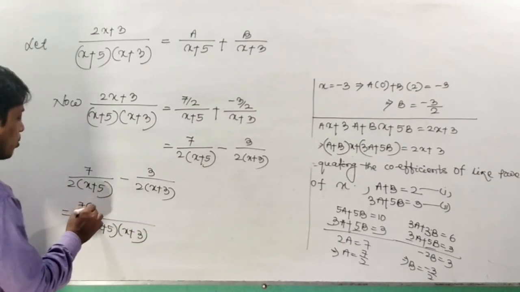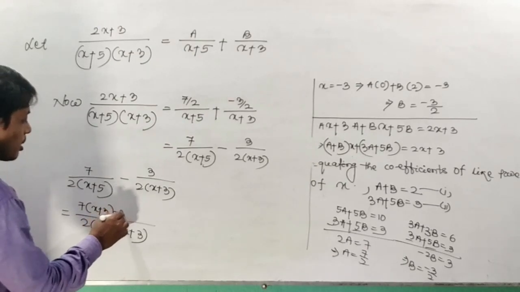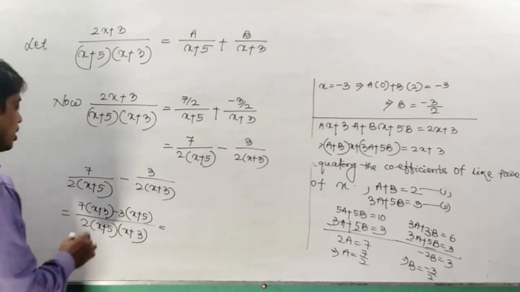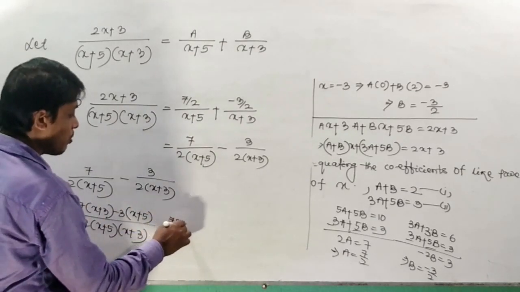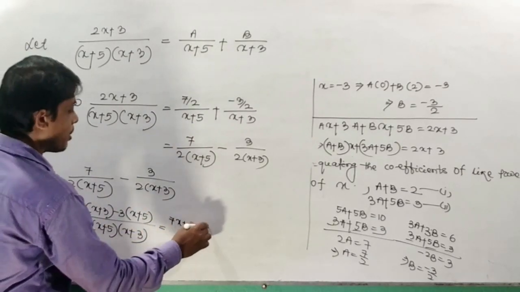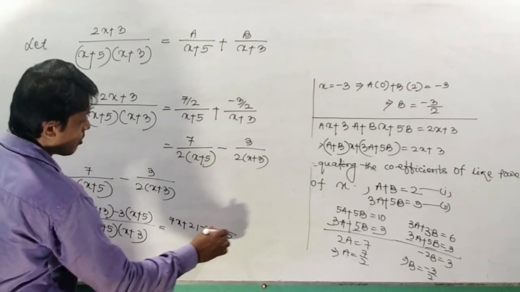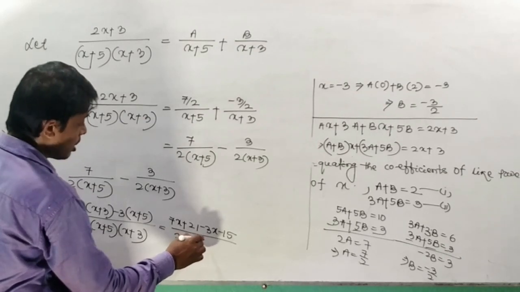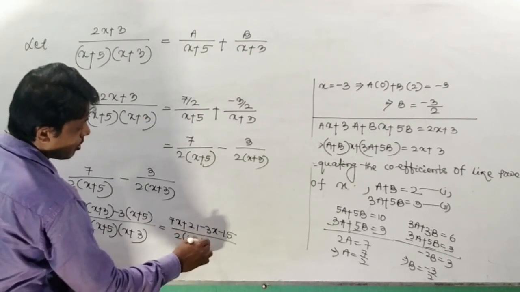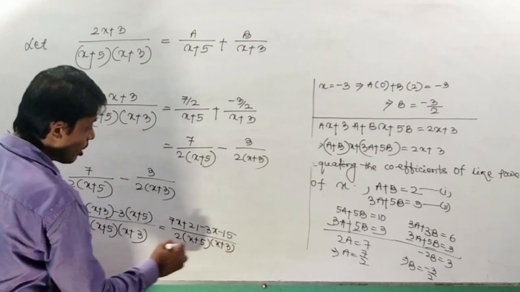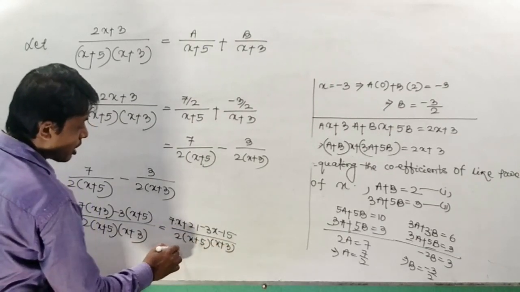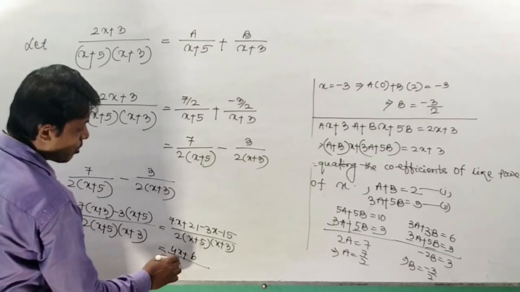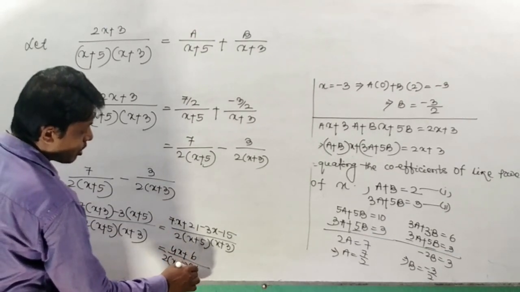So 7 into (x plus 3) minus 3 into (x plus 5), which will be 7x plus 21 minus 3x minus 15, by 2 into (x plus 5) into (x plus 3), which is 4x plus 6 by 2 into (x plus 5) into (x plus 3).